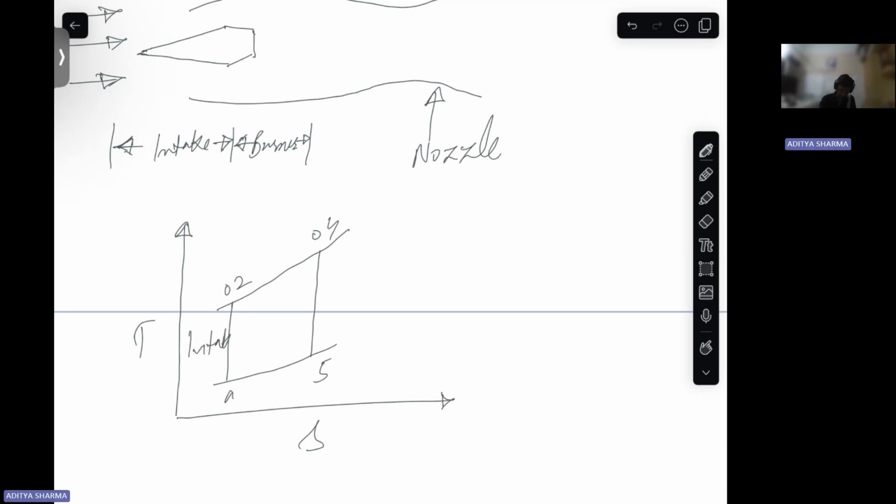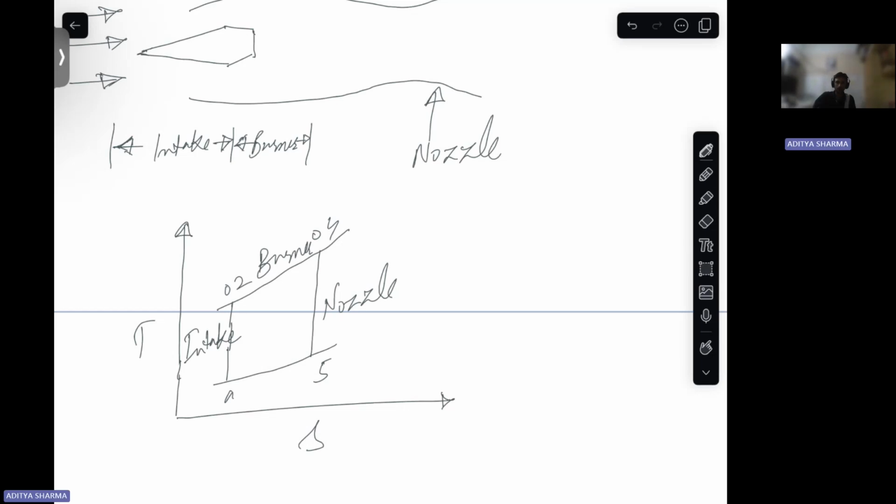This is your intake. This is your burner. This is your nozzle. Okay.